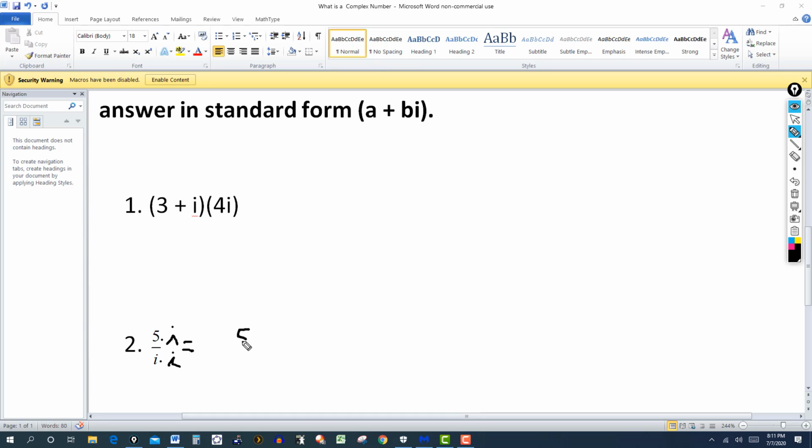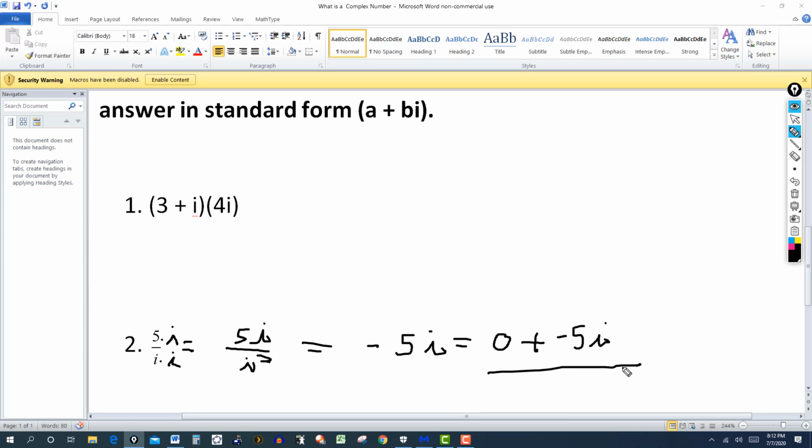So I get 5i on top. On the bottom I get i squared. But i squared is -1. So this will give me a -5i. Okay. And in the standard form, I could just write this as 0 plus -5i. And that would be your answer.